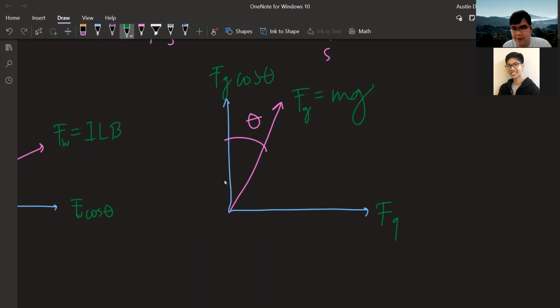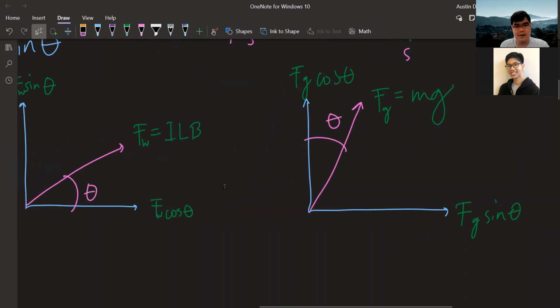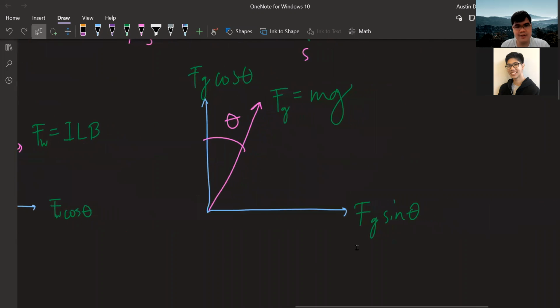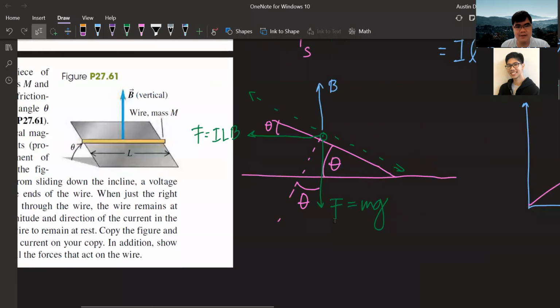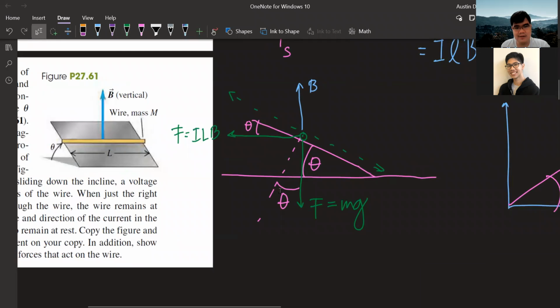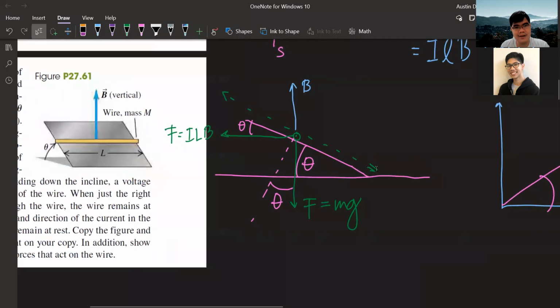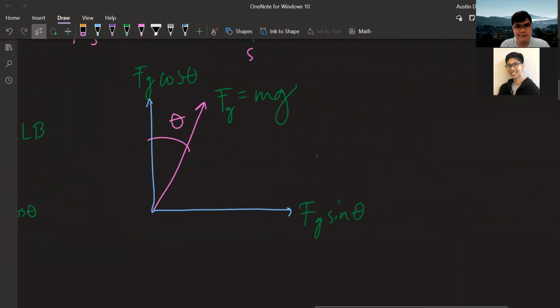Kabila naman would be FG sine theta. Okay, so yung mahalaga sa atin for this part naman is yung malayo sa angle, itong part na to. Kasi ayun yung kukontra dun sa kabila. Okay, so sila yung nagkokontrahan. Okay, so yung part na yun, ito.